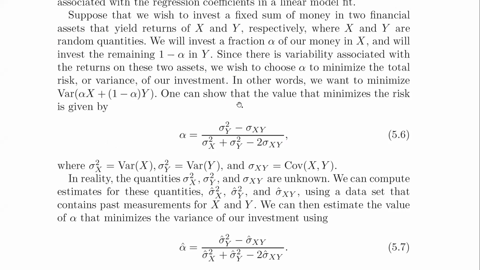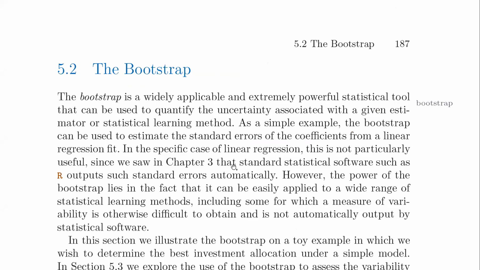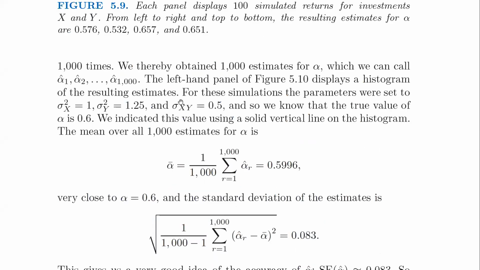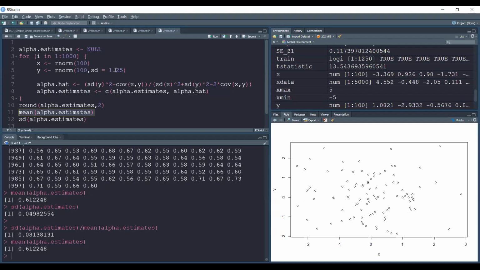They just used this formula. They just inputted 1, 1.25. Wait, no, mine is wrong. Mine is wrong because they said that the variance of y is 1.25, whereas I've taken it as the standard deviation.